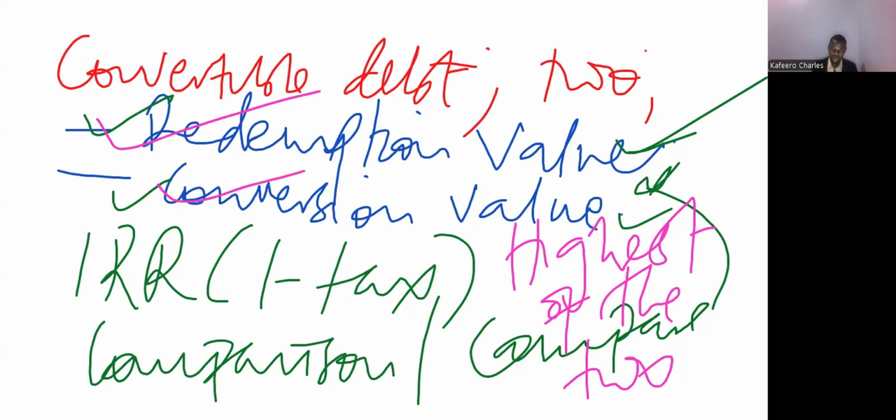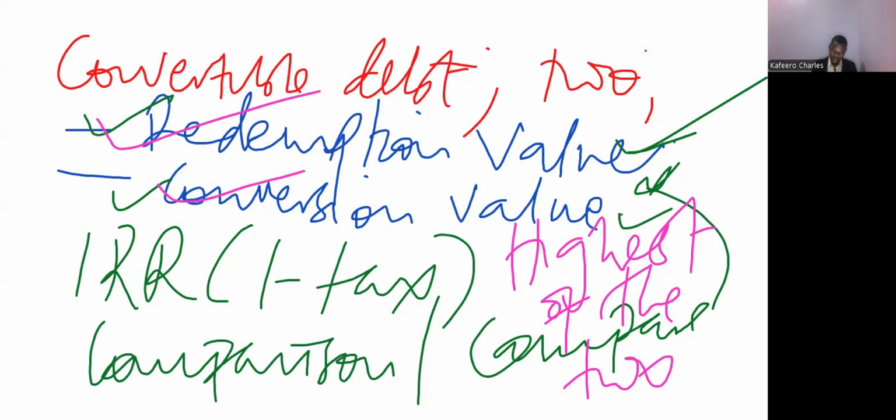That's the only difference. The reason we are picking the highest of the two is because when you are converting from debt to equity, of course you look at a situation where you are going to make more money because you're a business. That point where you are going to be making more money is what we should go with. So if you are converting from debt to equity, it is because you want to make more money. And that's why we choose the highest of the two.